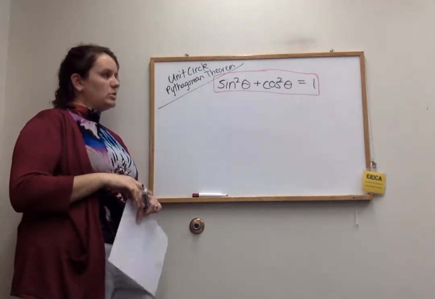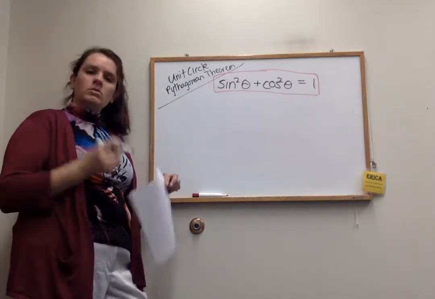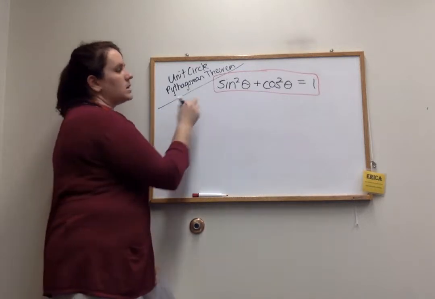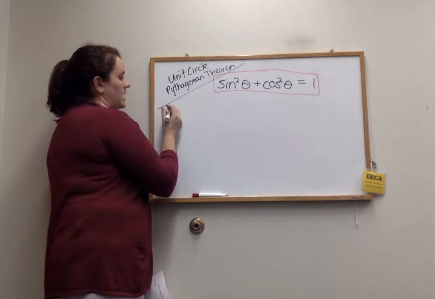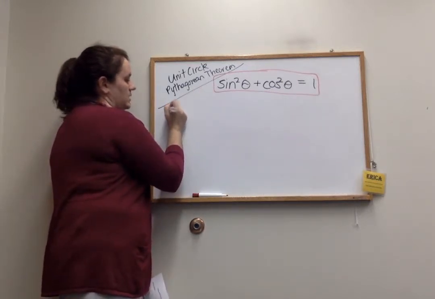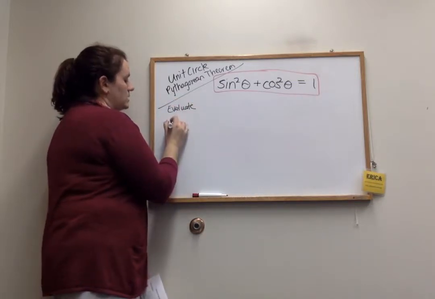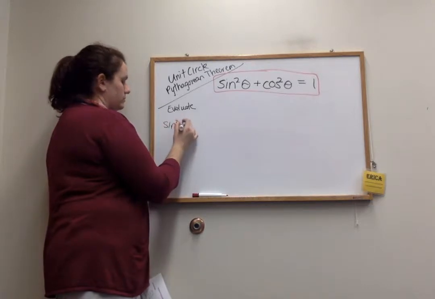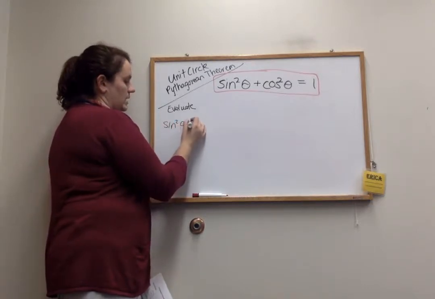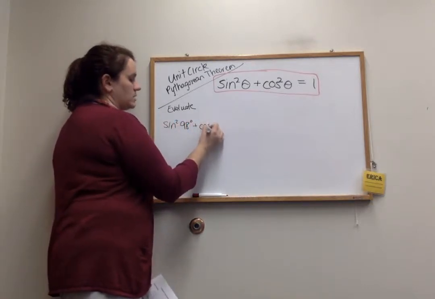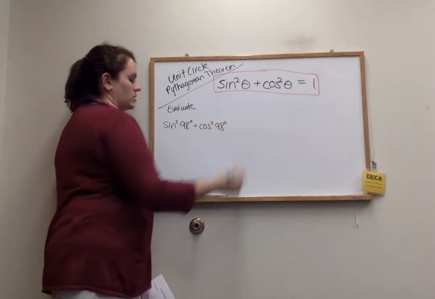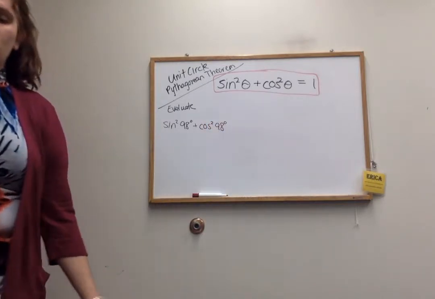And we're going to look at 2 potential questions or types of problems that you could see from this. First, it may say, just evaluate sine squared of 98 degrees plus the cosine squared of 98 degrees. Just a regular question.